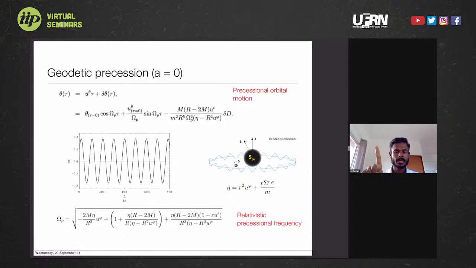As a result, the orbital angular momentum sweeps a cone over a large period of time. That is nothing but the geodetic precession, and that has been described with a fully relativistic precessional frequency as written here. And this is the first time it's written in a fully relativistic analysis.